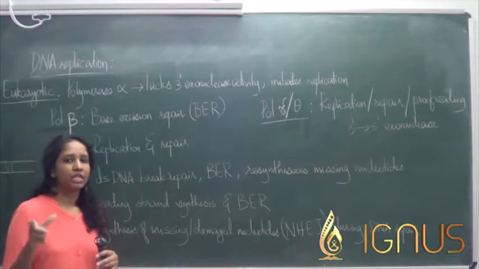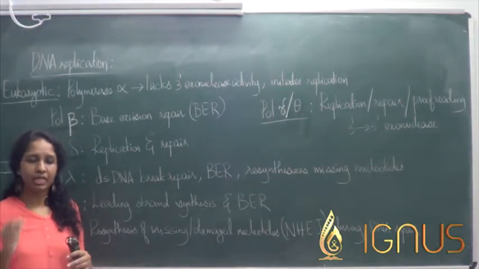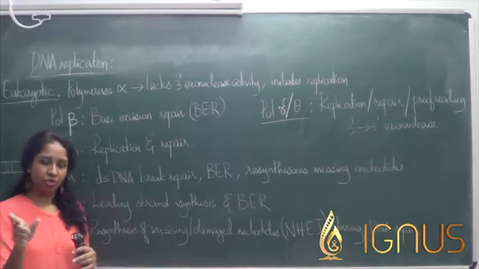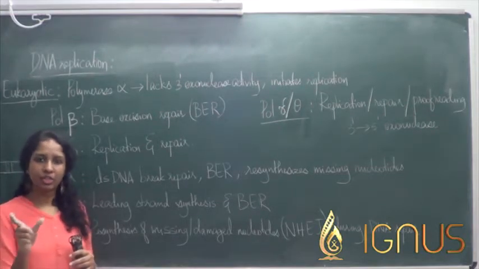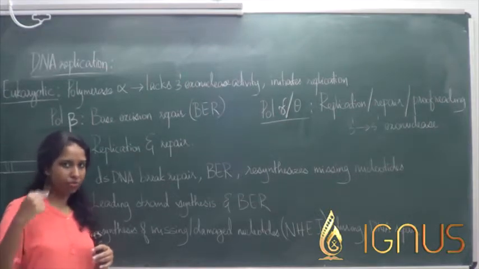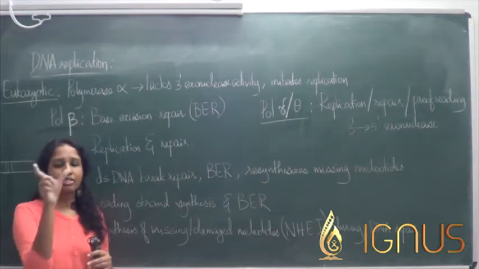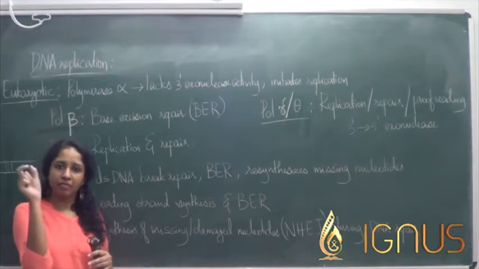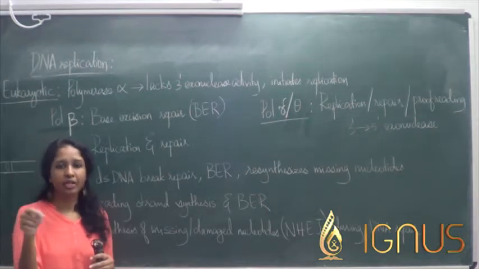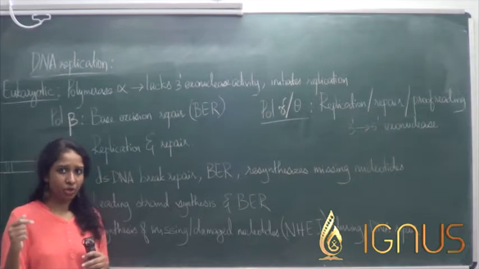So damaged nucleotides meaning that something like a thymine dimer is formed, meaning that two thymine nucleotides which are right next to each other are going to form a bond between them. Instead of one thymine forming a bond with an adenine on the other strand, it's going to form a bond with a thymine right next to it on the same strand. Okay, so those are damaged nucleotides.